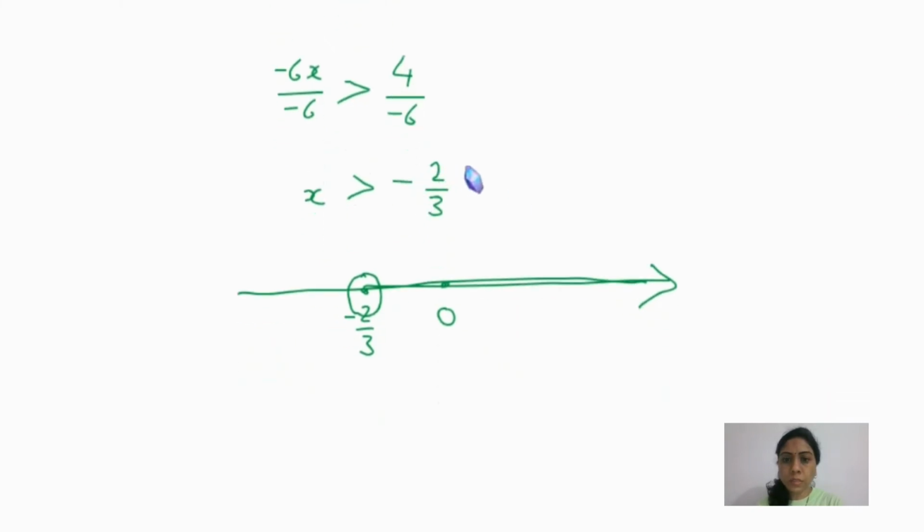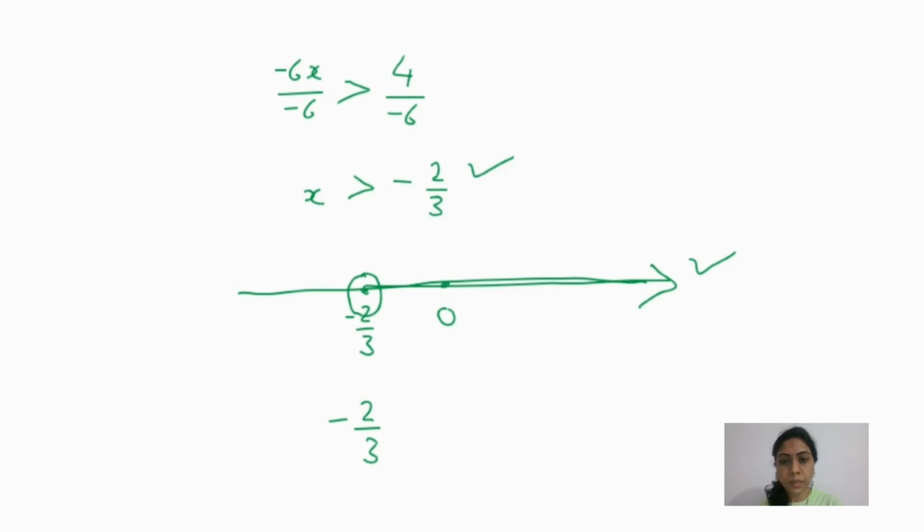This is the first form to write the answer, this is the second form, and the third form is interval set form. You can write minus 2 upon 3, which is not included, so use this parenthesis. Otherwise, if included, we would fill the circle and write a square bracket.